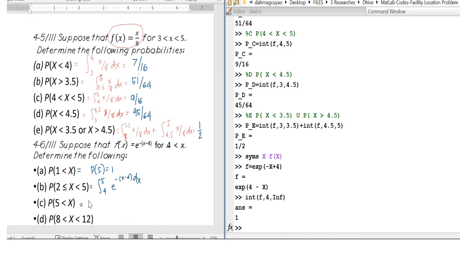And then greater than 5 would be from 5 to infinity of e to the negative x minus 4 dx. And finally, a to 12, so it would be from a to 12 of e to the negative x minus 4 dx.